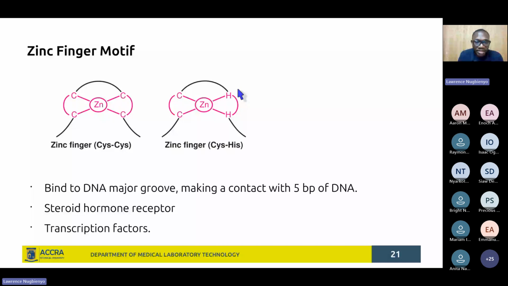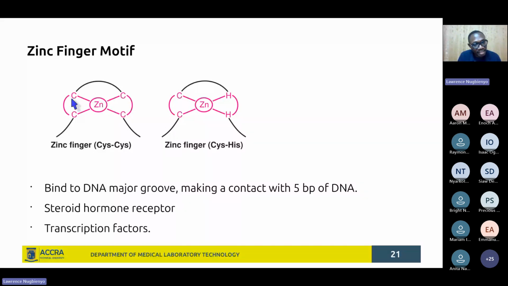Now, the interesting thing here is you have the zinc ion at the center of this protein, and around it you are having some cysteine, the amino acid cysteine, at different positions in the protein or the peptide chain. And they find themselves at specific positions such that you are having some disulfide bridges.